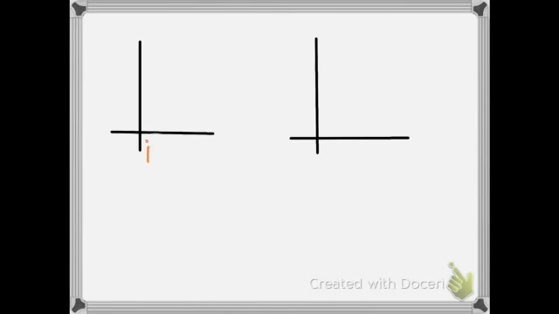Remember, our independent variable goes on the x-axis, and our dependent variable goes on the y-axis. Now, let's talk about your bank account. Let's say that these are the amounts in your bank account.